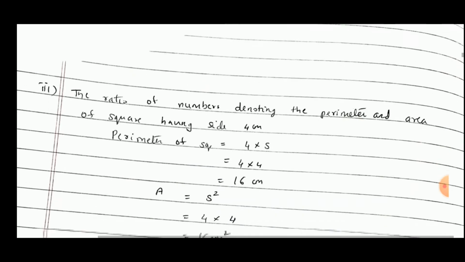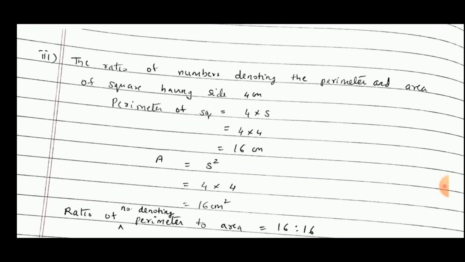Then the ratio of the number denoting the perimeter and area of the square having side 4 centimeter.